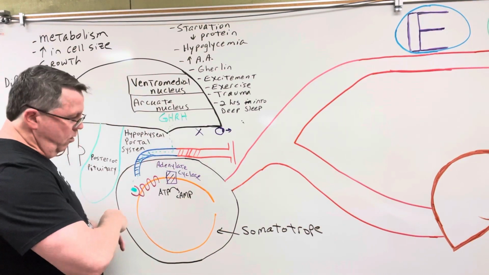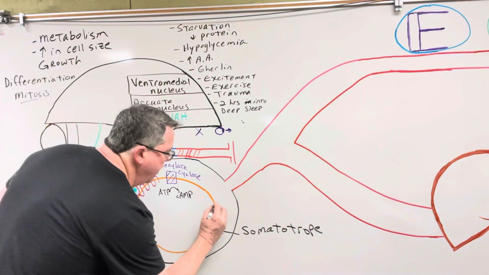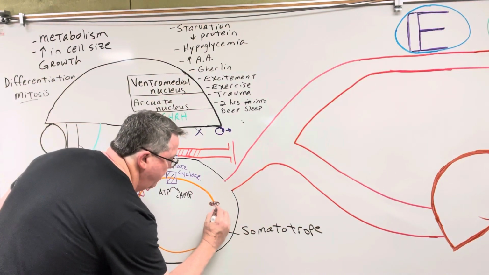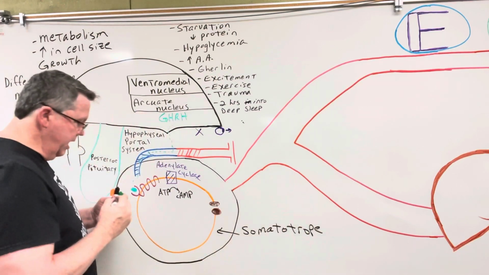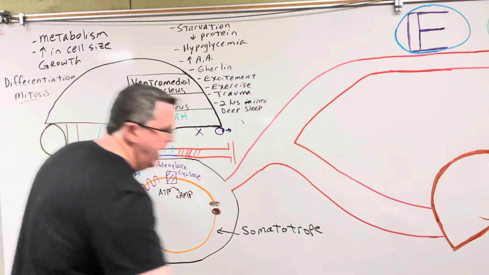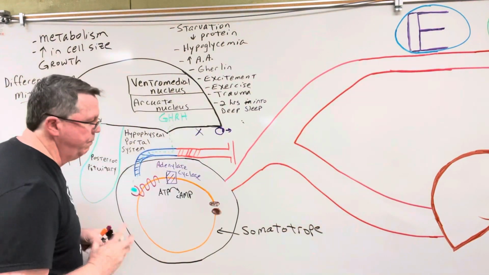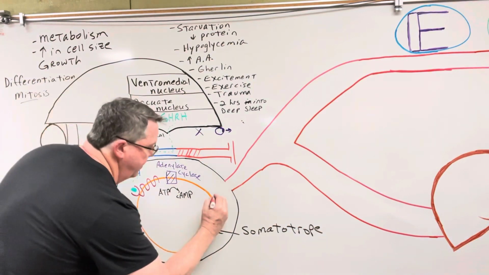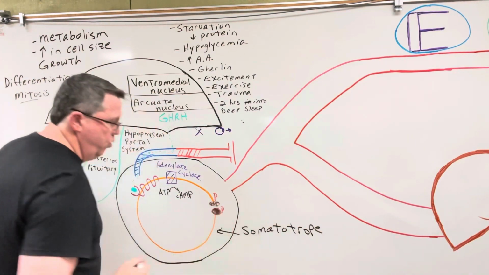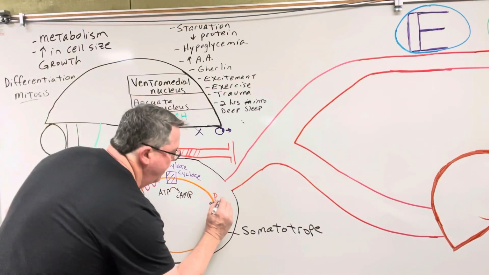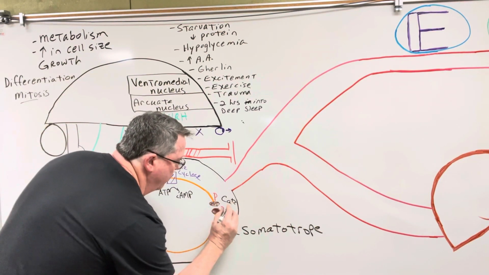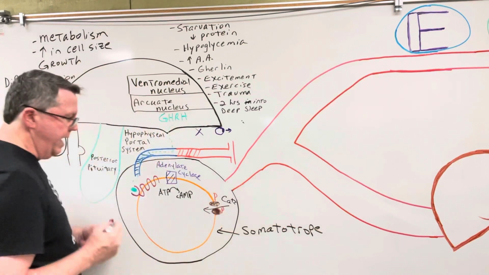Like I said, we are going to have proteins on the membrane of my somatotrope, right? And they're going to be basically on ion channels. And what's going to happen is the cyclic AMP is going to phosphorylate these. So in other words, it's going to attach phosphates. When these attach phosphates, what's going to happen is I am going to have calcium start rushing into the somatotrope.